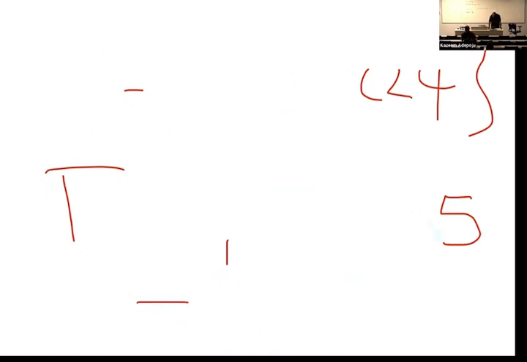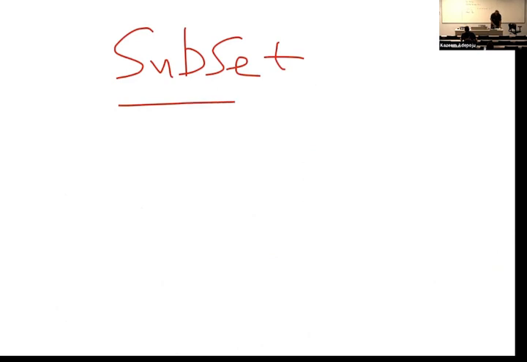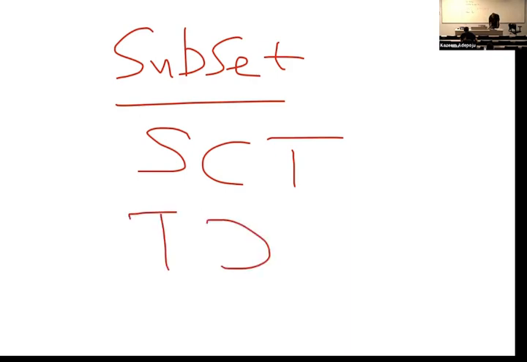Now I want to quickly move to subsets. Since you understand that, I want to move to subsets. When I'm talking about a subset, we're going to use a different notation. For instance, if I write something like this, S is a set, T is also a set, but S is a subset of T. If I want to say that S is a subset of T, another way I can write that is this way.